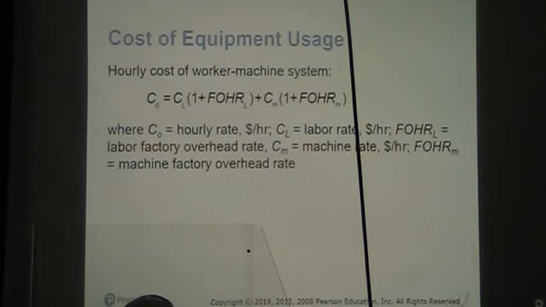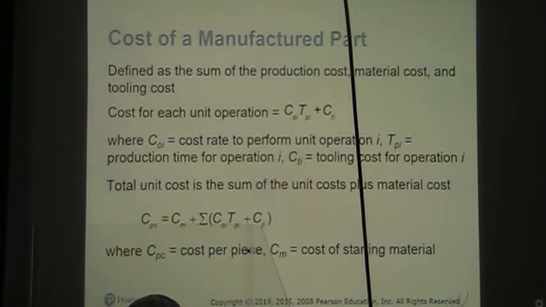Now, don't get lost in all of these. Make yourself a little cheat sheet to be able to refer to when you're doing problems for this. All right, so the cost of a manufactured part is going to be the sum of production cost, material cost, and tooling cost.